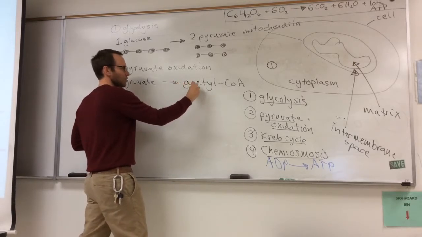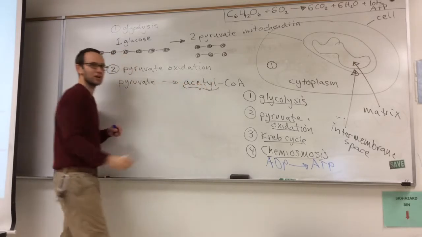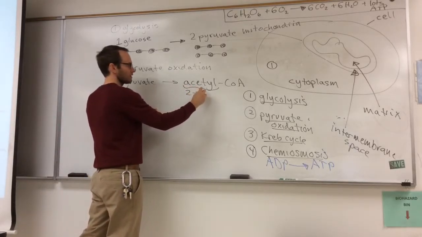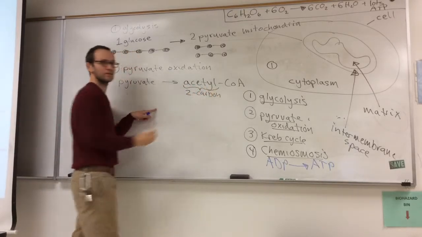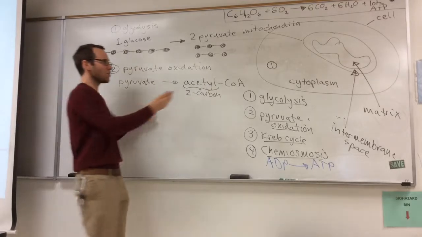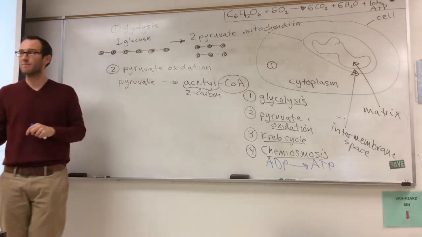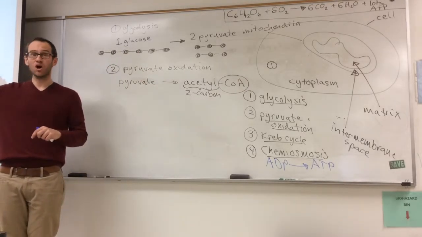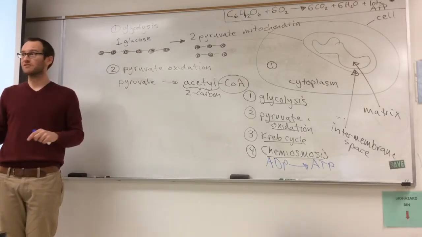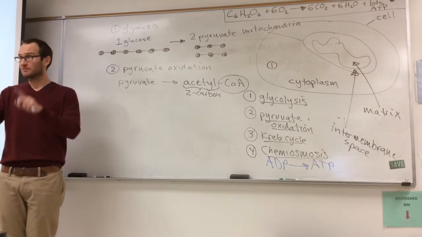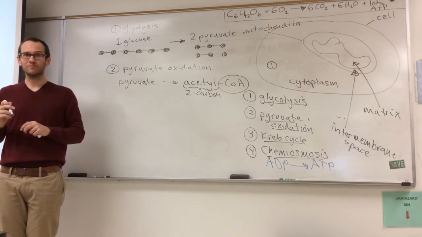So, if you are keeping score at home and you like terminology, this word refers to a 2-carbon molecule. And the CoA refers to something called coenzyme A. It's just a different molecule that has to be present for the enzyme to act. And I'm going to show you it in a second, and it will all become crystal clear.